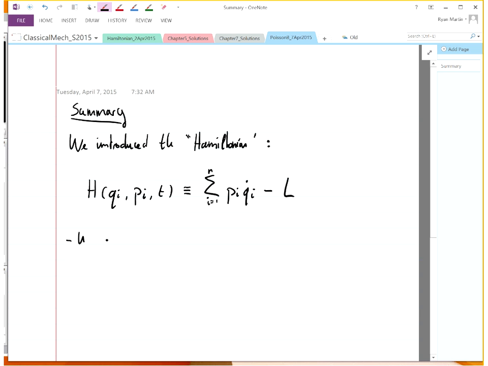An important thing that we did is that we promoted, I'll put that in quotation marks, we promoted the conjugate momenta p_i to the status of, let's say, independent coordinate.